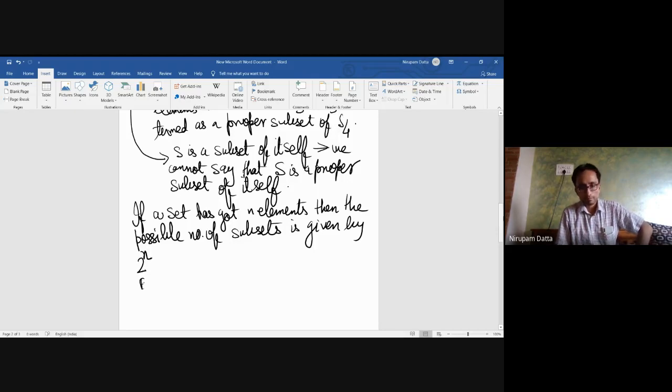Example, S = {3, 6, 9}. So what are the number of elements? n equal to 3. So what are the possible number of subsets? 2 to the power 3 equal to 8.